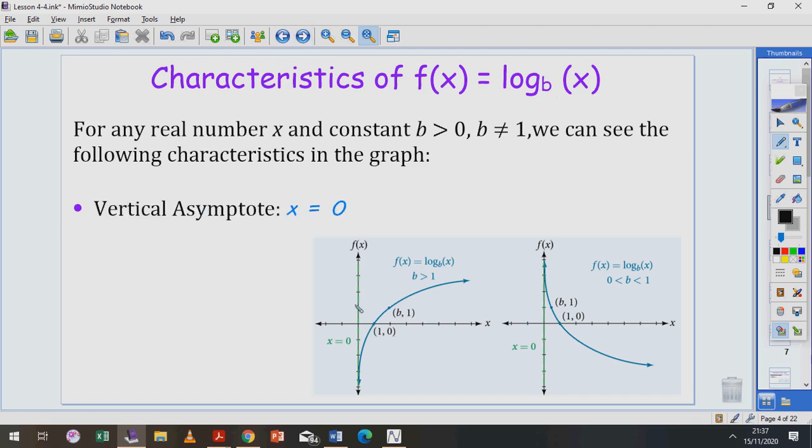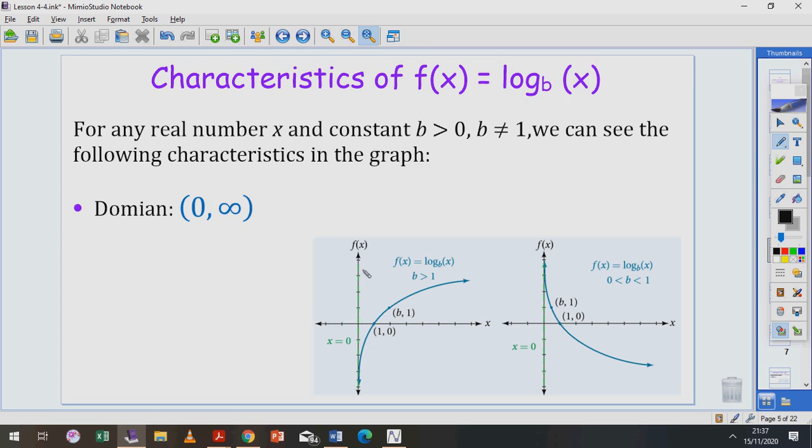Another characteristic is that the vertical asymptote is always going to be equal to 0 if that function looks like this, right? If there are any changes to what's inside this parenthesis, if maybe there's a plus or minus something, then that might change the vertical asymptote, and then I'll show you how to get that if that changes.